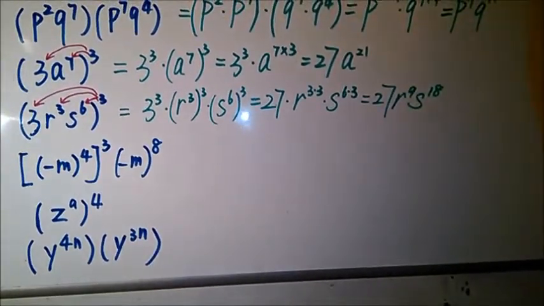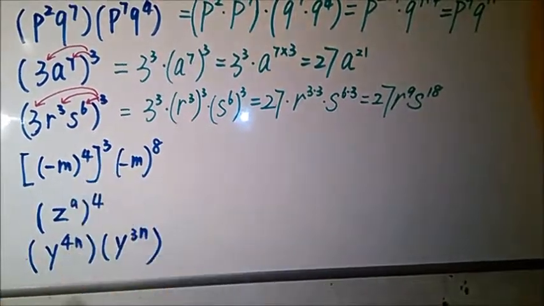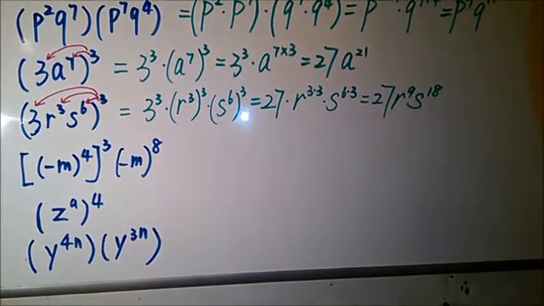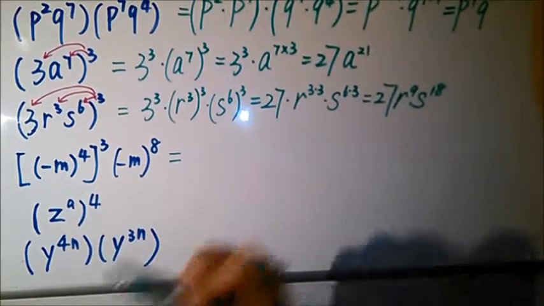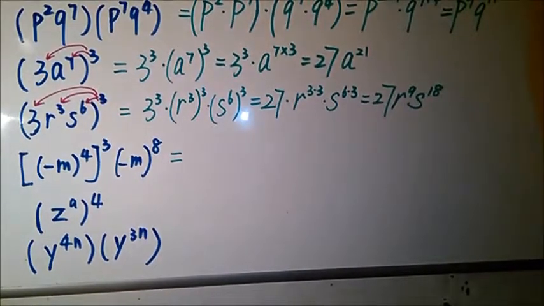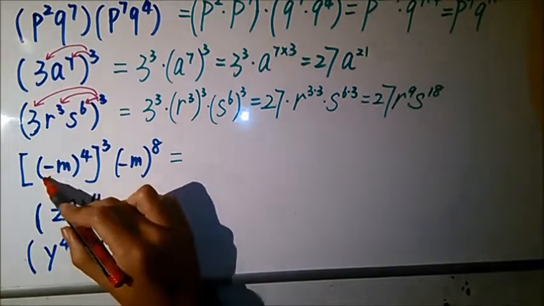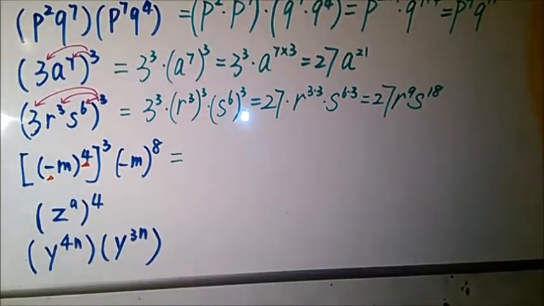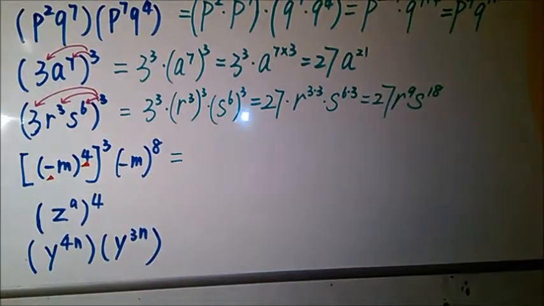This time you have parentheses within the parentheses, right? So it's going to be negative m to the power 4 all cubed times negative m to the power of 8. And remember, anytime we have an even exponent, it will always be positive when the variable inside is negative. If it's odd, it would stay negative.